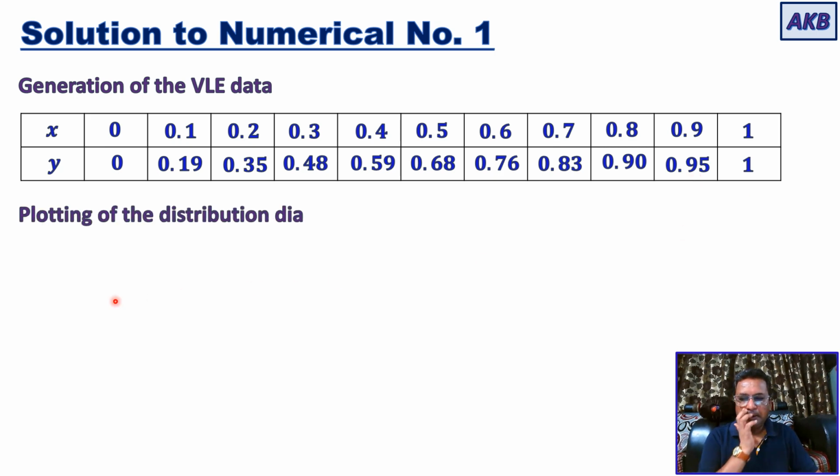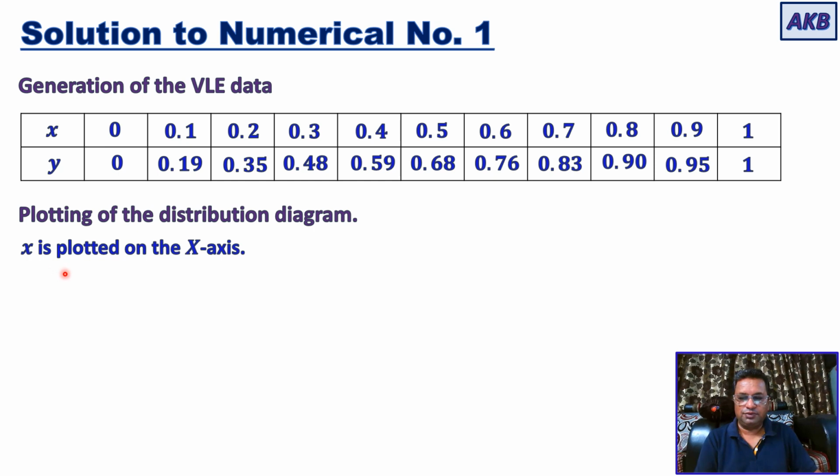That ends our step number 1, where we have generated xy data. In some cases they may give this data, so there is no need to follow step number 1 in that case. Now let us move on to step number 2, plotting of the distribution diagram.